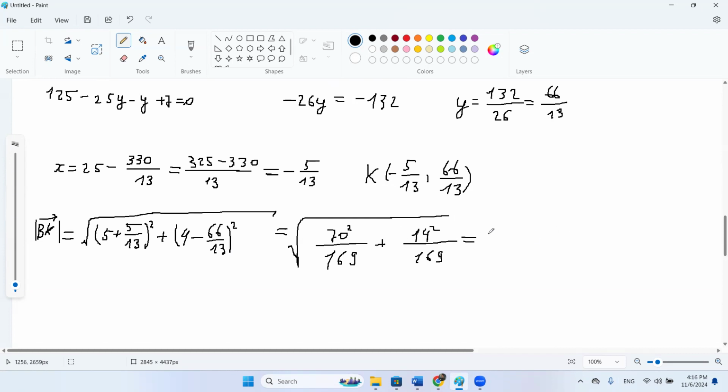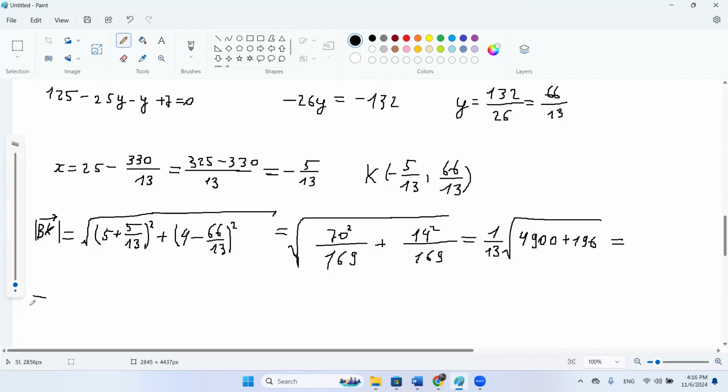Okay, I will move 1 by 13 out of brackets, out of the square root. So 70 in power of 2 is 4,900, and 14 in power of 2, just a moment, let me calculate, because I forgot this value, but if I'm not mistaken, 196. 14 by 14, yeah, 196.